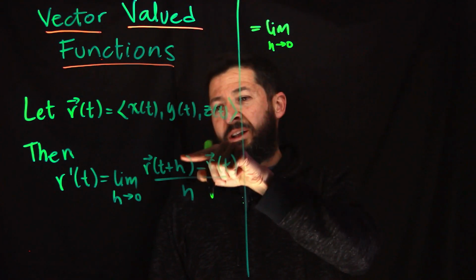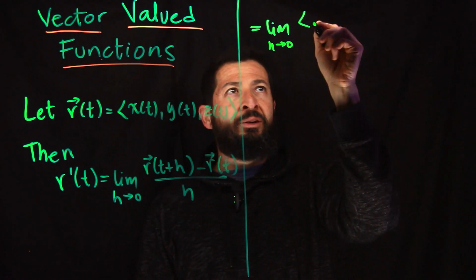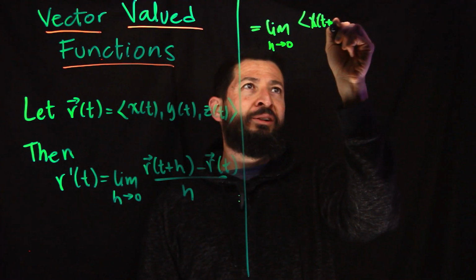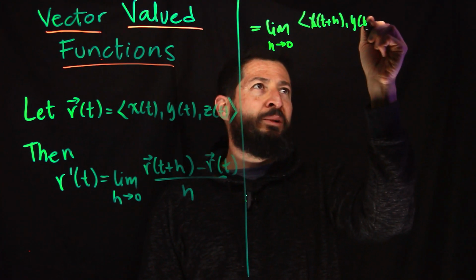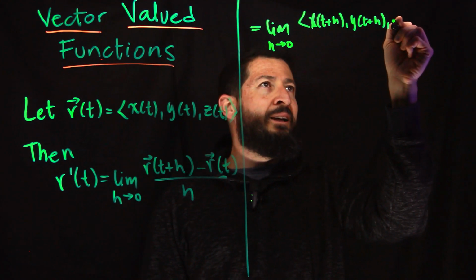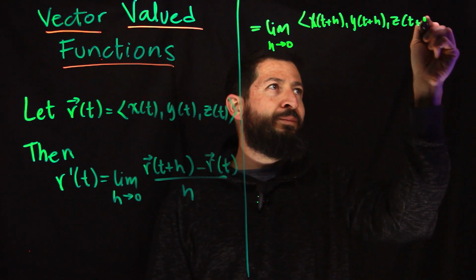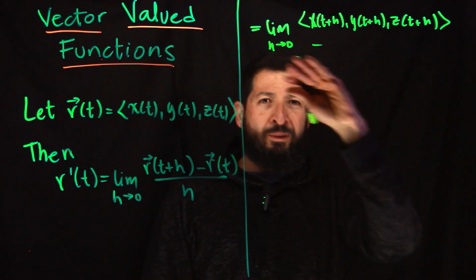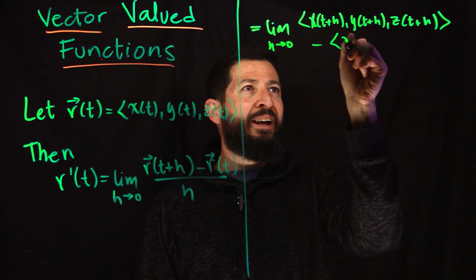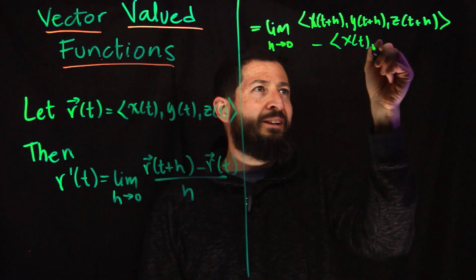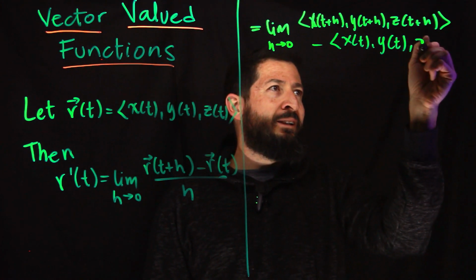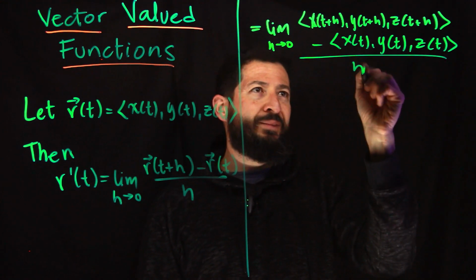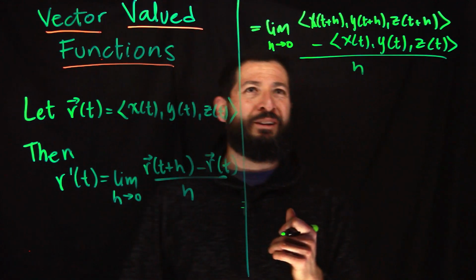What this vector gives me is the vector x at t plus h, y at t plus h, and then z at t plus h, minus x at t, y at t, and z at t, all of it over h. Kind of funny to write it like that, but just space.